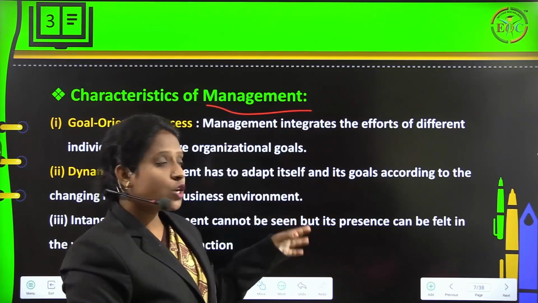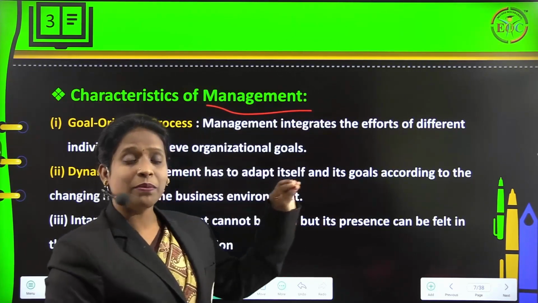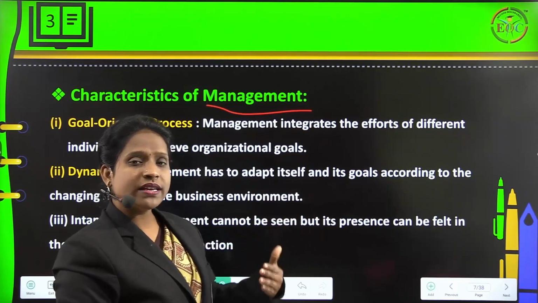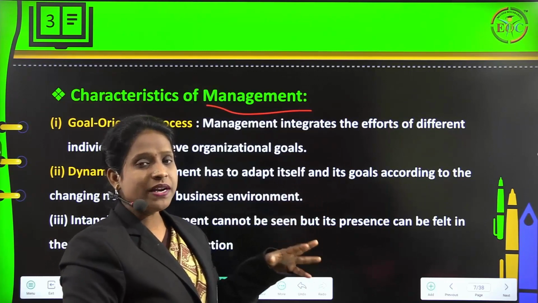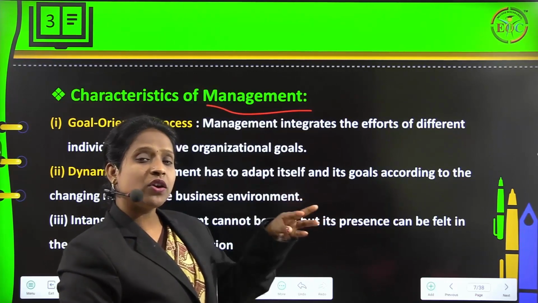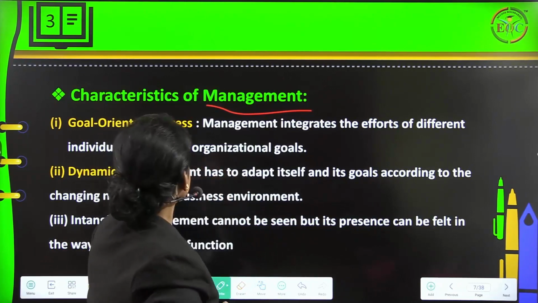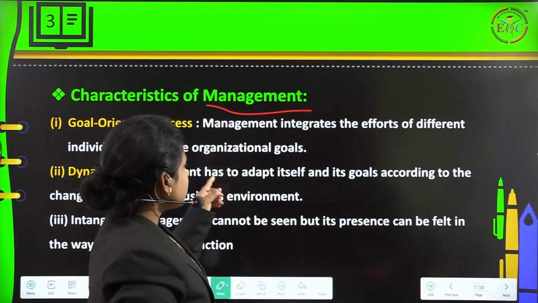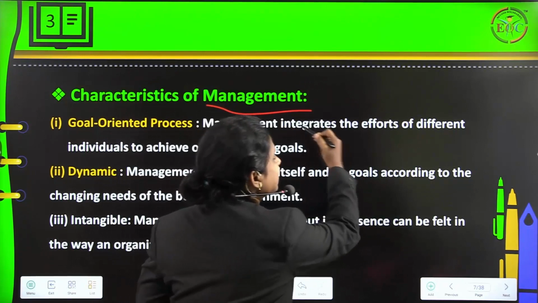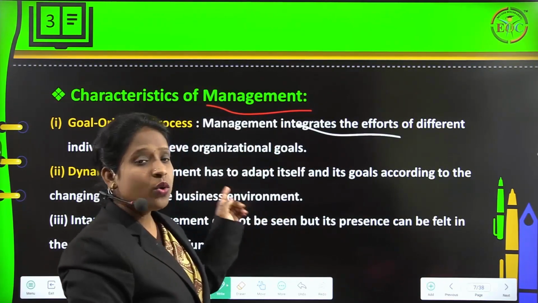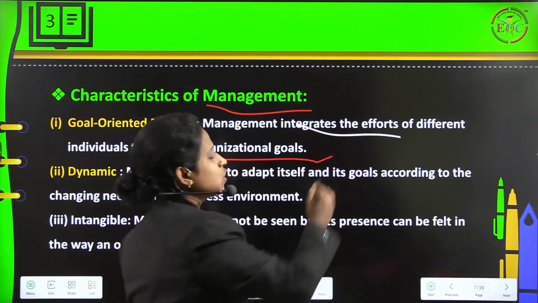All these things are required because we have to achieve a particular goal in the organization. In order to achieve it, we take the support of management, and that's why we call management a process. So it is a goal oriented process. Therefore, management integrates the effort of different individuals in order to achieve organizational goals.